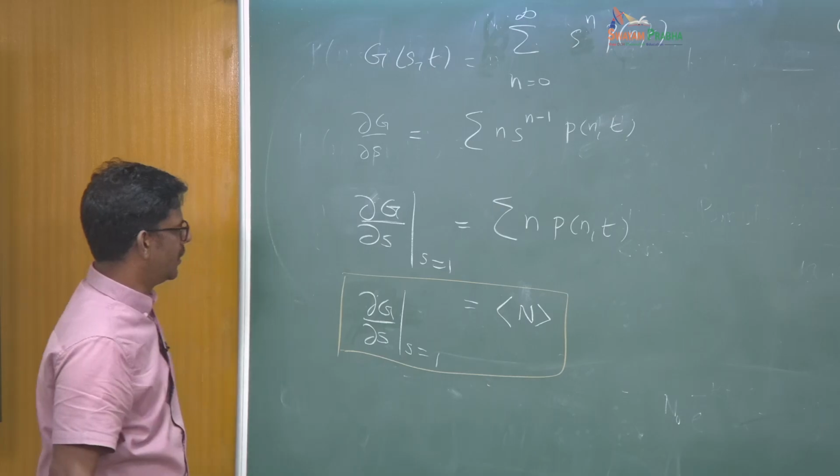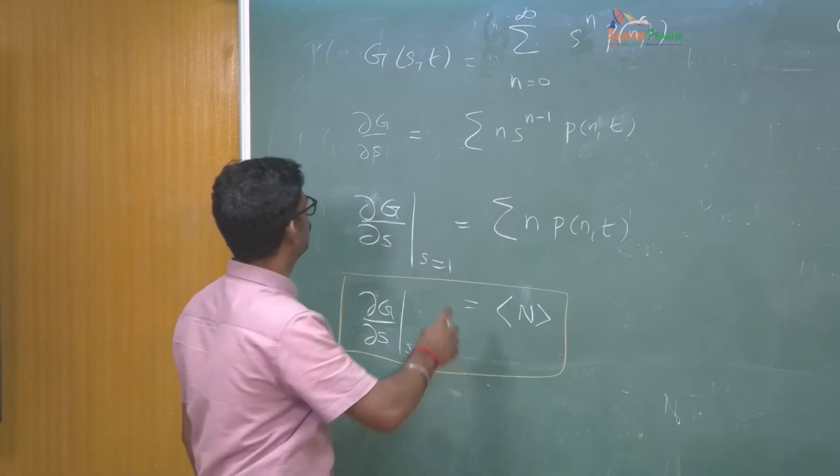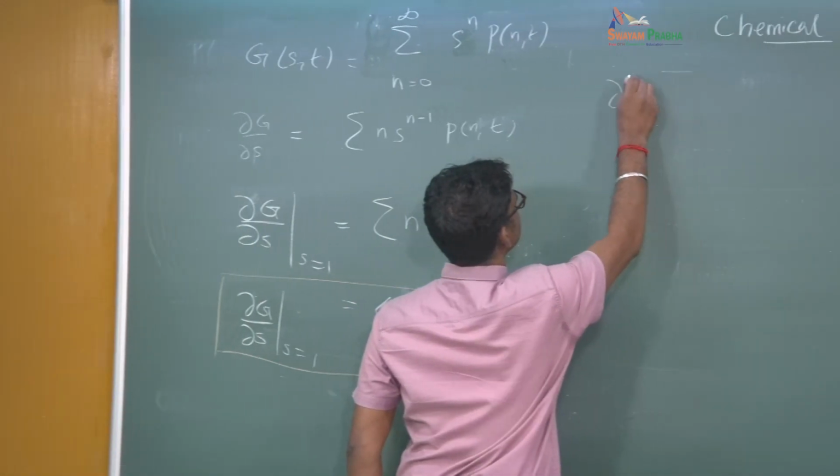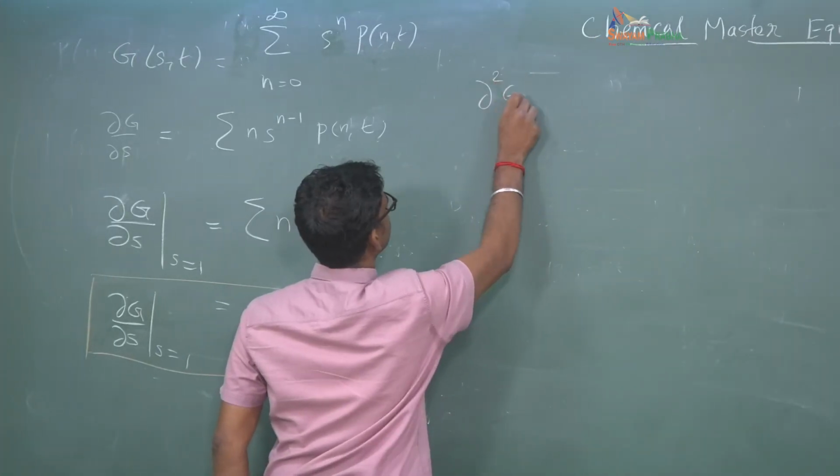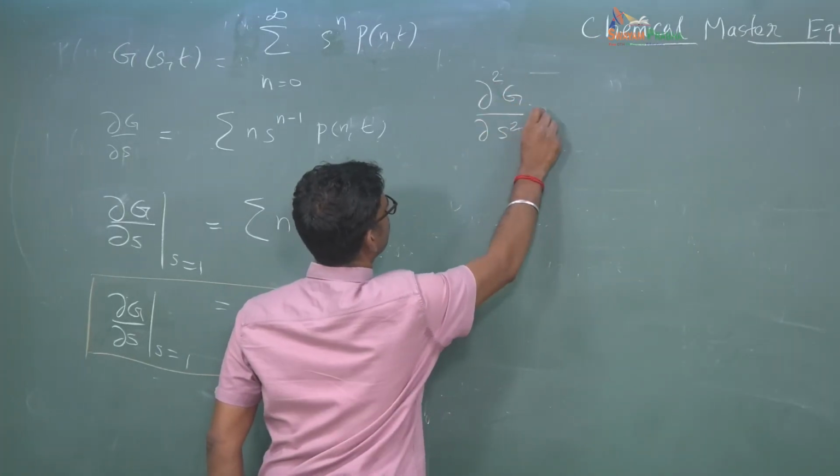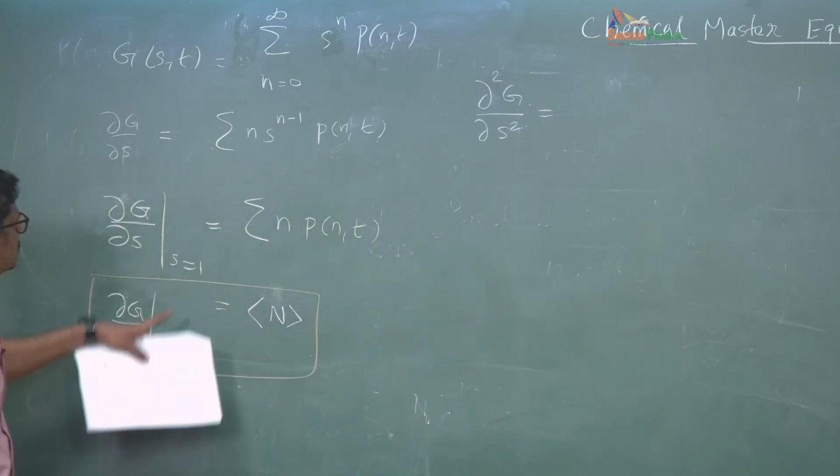Now let's say we want to look at also the standard deviation for n. So for that we will look at the second derivative of g with respect to s.